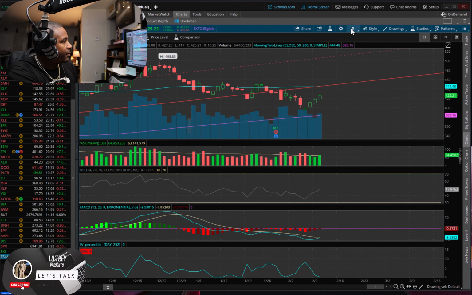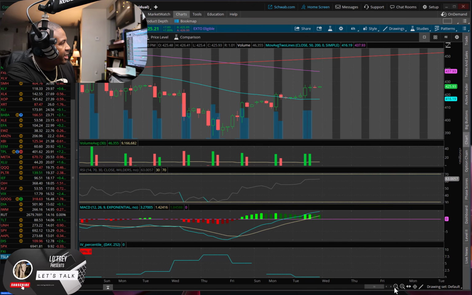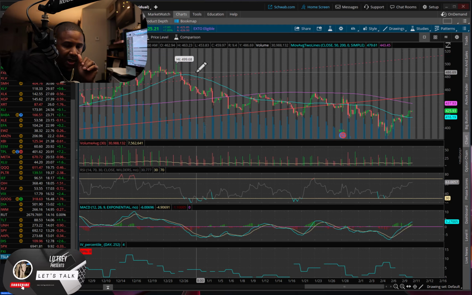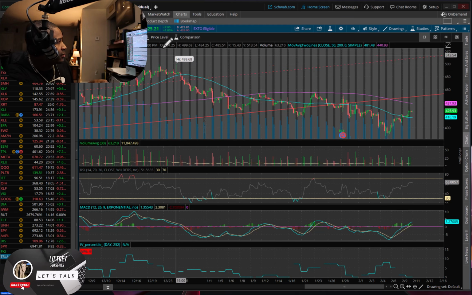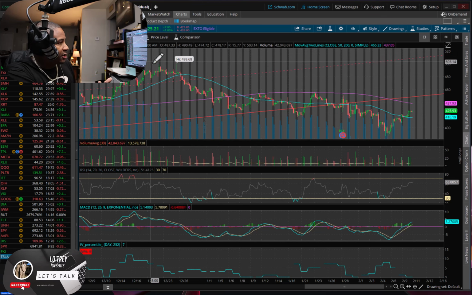I wanted to try to get a better shot of Tesla on the downtrend. But there we go. This is a good picture of a downtrend. I went to the 4-hour chart. So this is the 4-hour time chart. As you can see, the blue line is the 50-day moving average and the purple line is the 200-day moving average.